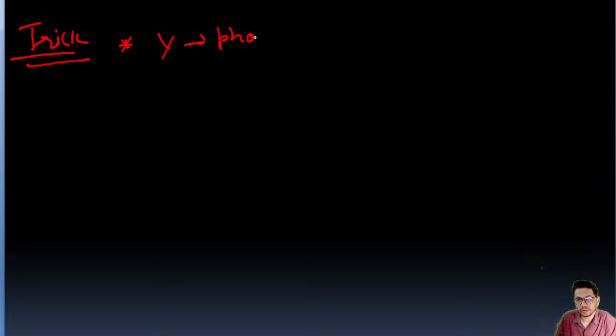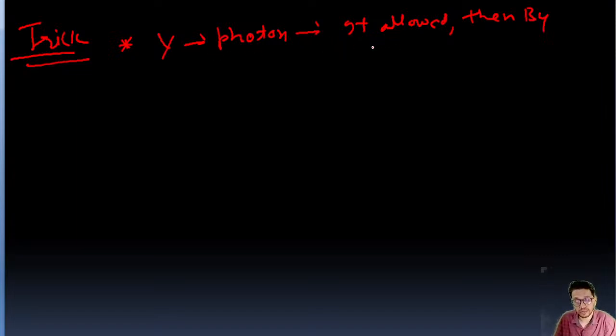Now I'm going to tell you one trick, guys, which is very important for solving questions. If in any reaction you see a gamma photon, and the reaction is allowed, then it is by EM interaction. Gamma means EM interaction. This is a trick.